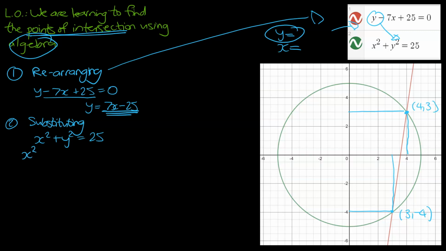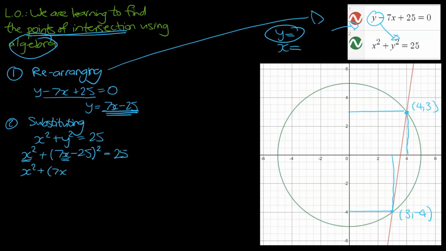So x squared plus (7x minus 25) all squared is equal to 25. So we've substituted that in. The good thing about this equation is that the only variable left is x, and we're going to solve for our x values. That'll give us the x coordinates of the 2 points of intersection.